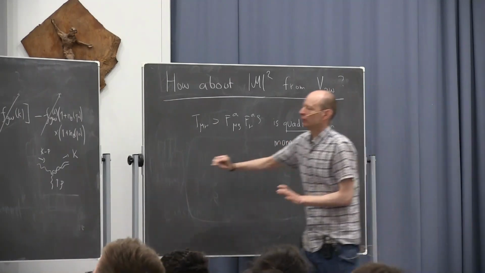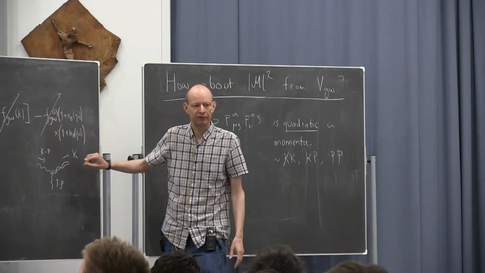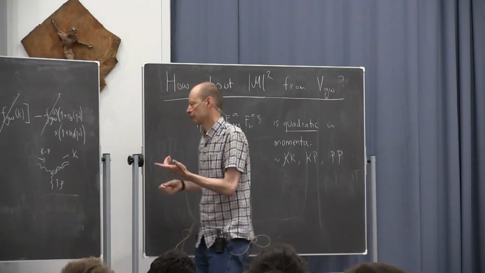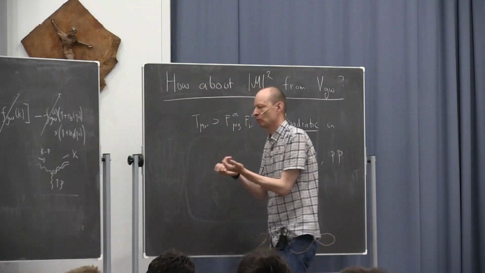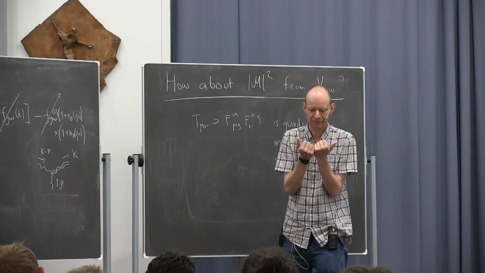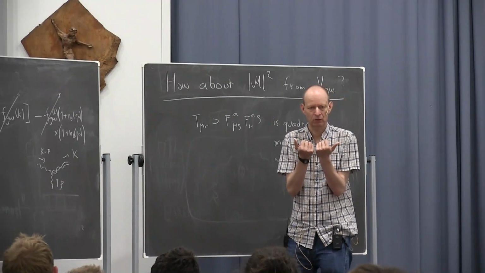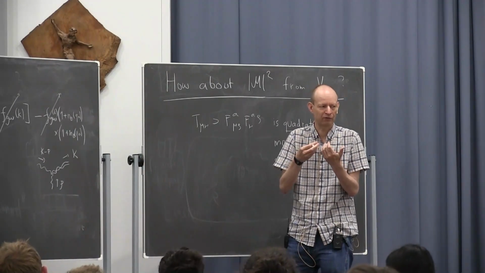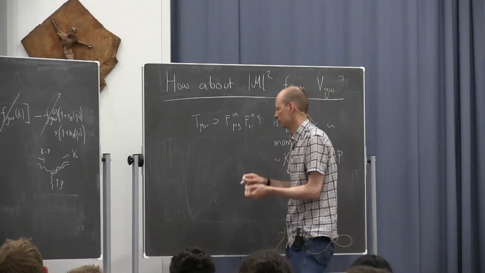Now, we want to produce a physical graviton here, and a physical graviton is transverse. It's a traceless transverse spin 2 particle, transverse like a physical photon is transverse.